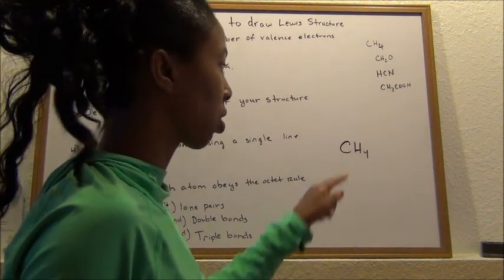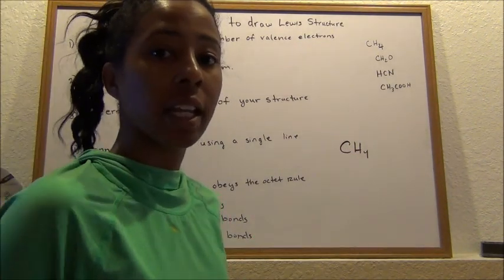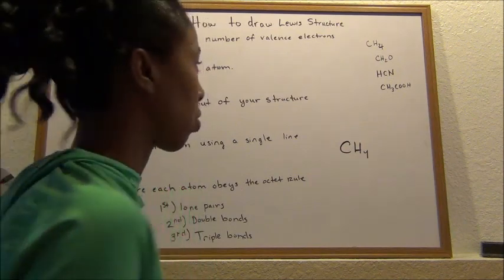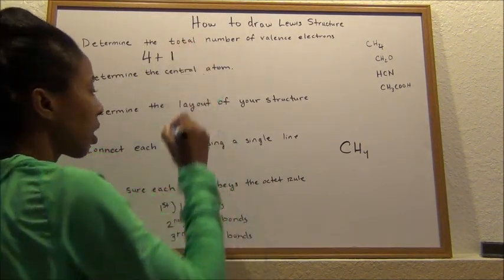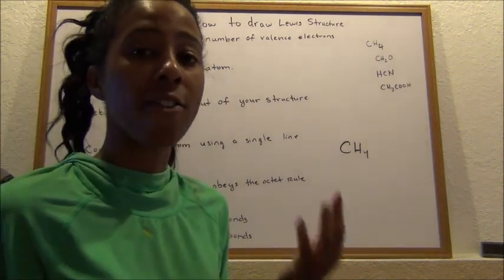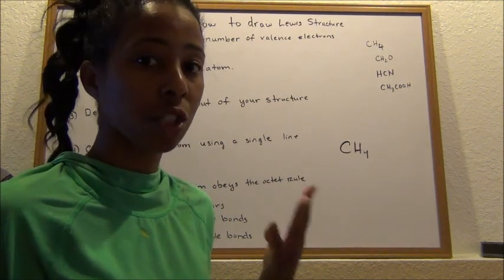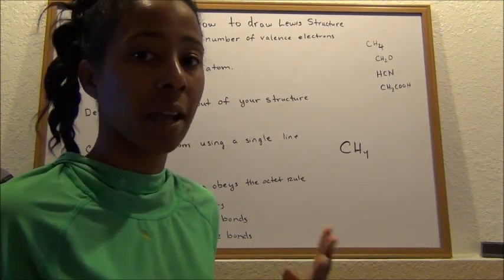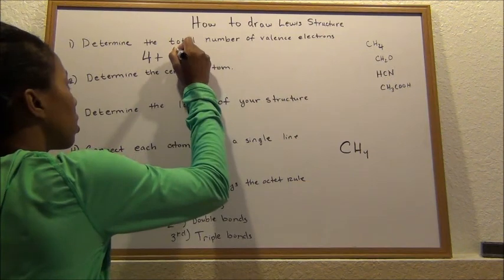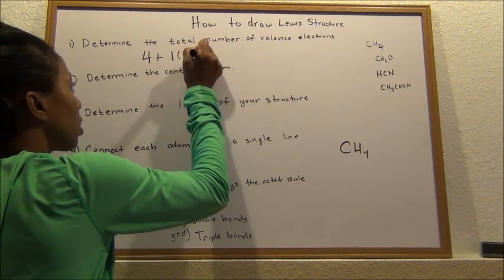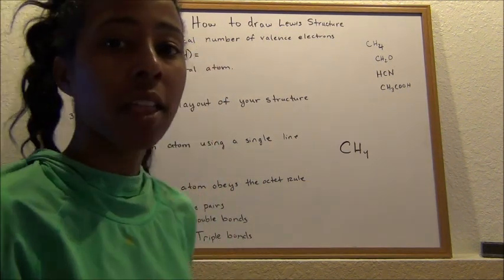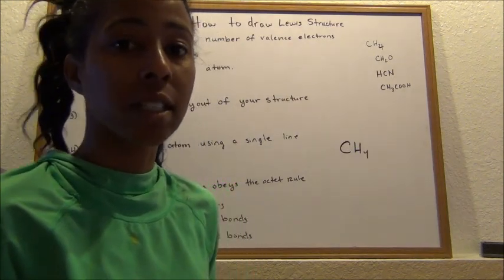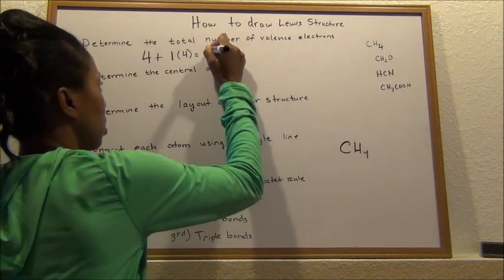And hydrogen is in group 1A, and it has 1 valence electron. However, we have 4 hydrogens, so we need to multiply the 1 times 4. So the total amount of valence electrons is 8 valence electrons.